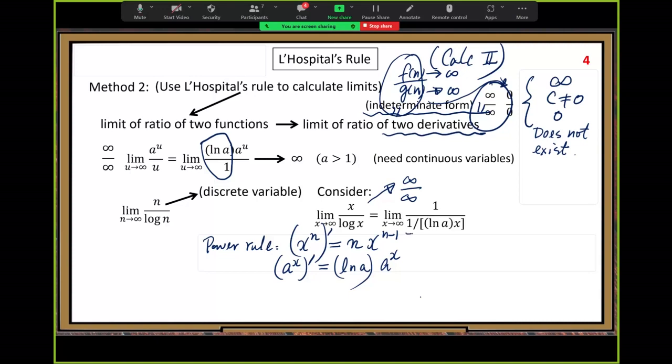So here the formula: 1 over inside bracket constant natural log of a times x. The formula. So then you want to simplify it. After simplification, when x goes to infinity, this limit equals infinity.